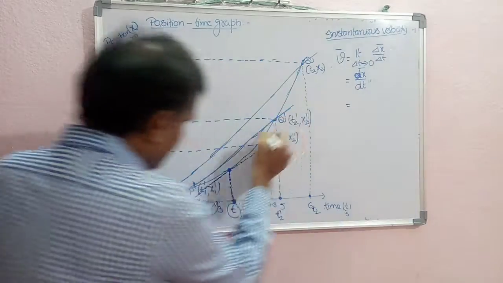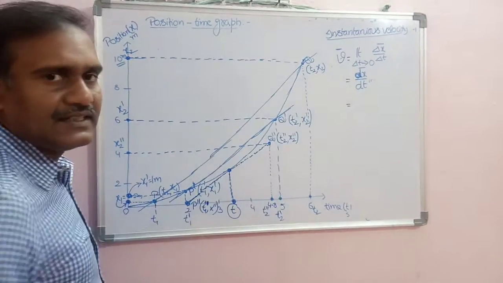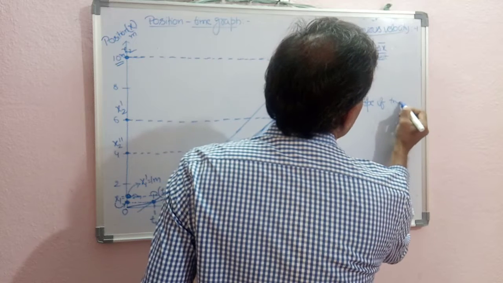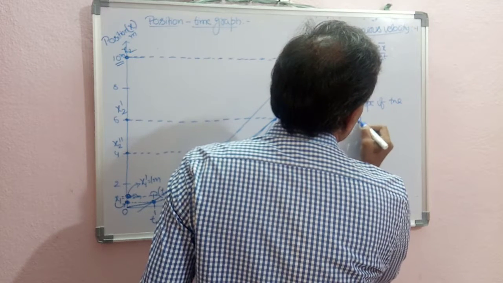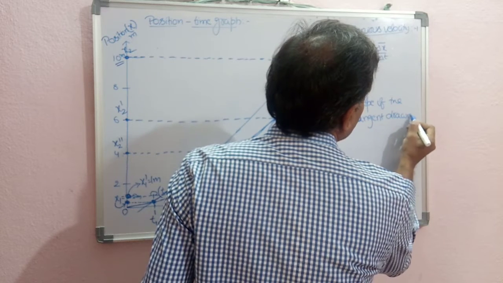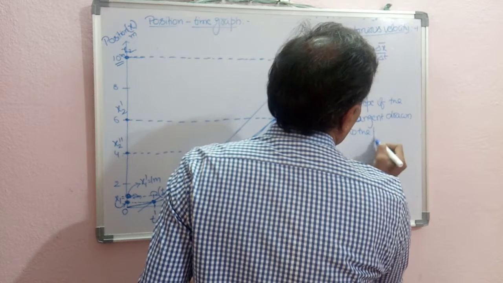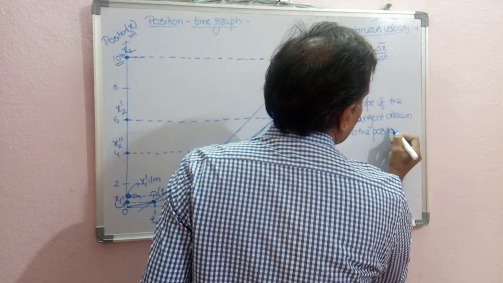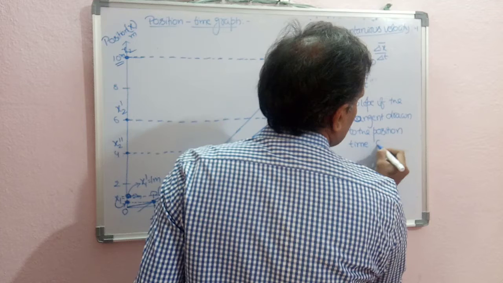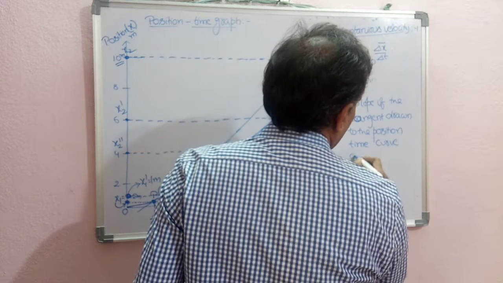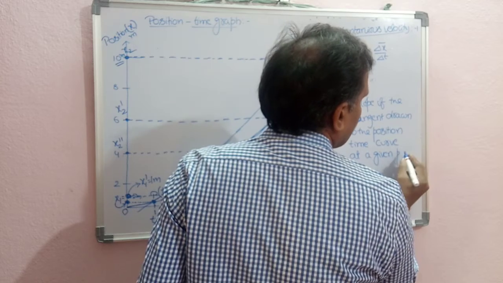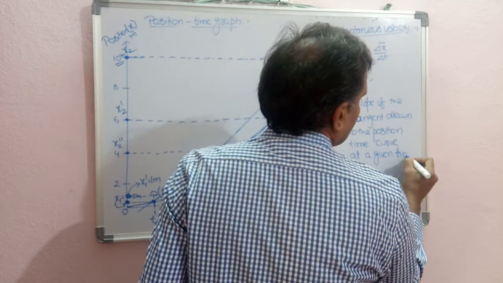Or with the graph, how do we calculate it? It is slope of the tangent drawn to the position time graph or position time curve at a given time.